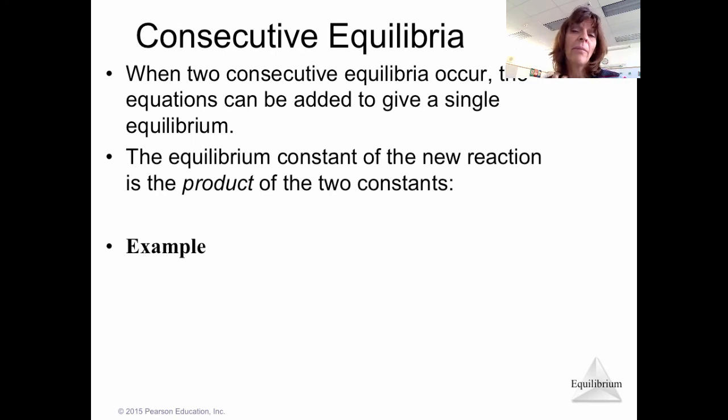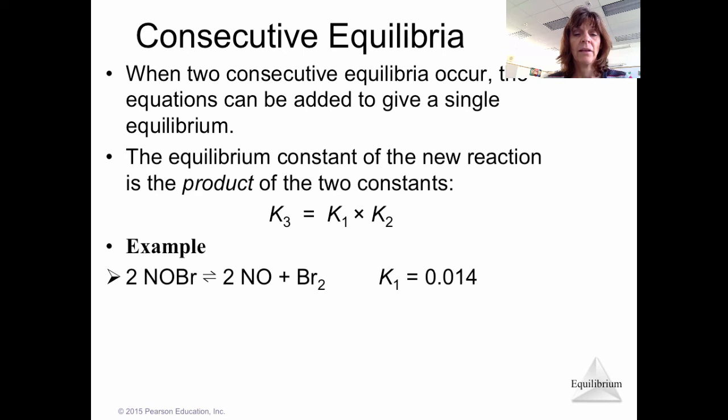Now, we might have a situation where we have to add equilibrium reactions together to get an overall reaction if they're part of a mechanism. So, for instance, if we have two different equilibrium constants, you find the product of them to find the overall equilibrium constant. Let's say we have a first reaction, 2NOBr yields 2NO plus Br2. Then you've got that bromine that was produced reacting with chlorine to make 2 BrCl.